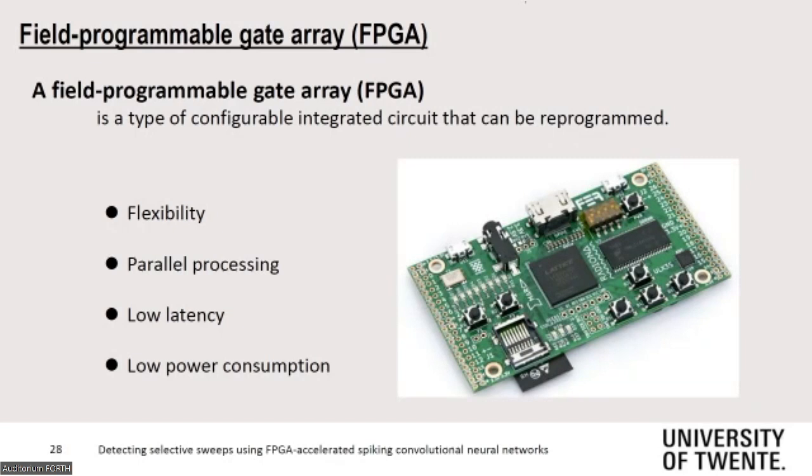Because there are a lot of logic elements on the board, it can do parallel processing. And because it's deployed with hardware directly, it has low latency, and it's highly custom designed. It has lower power consumption compared with a general GPU or CPU.